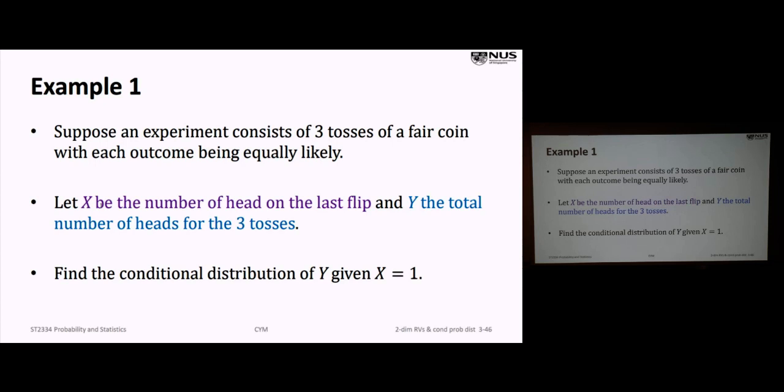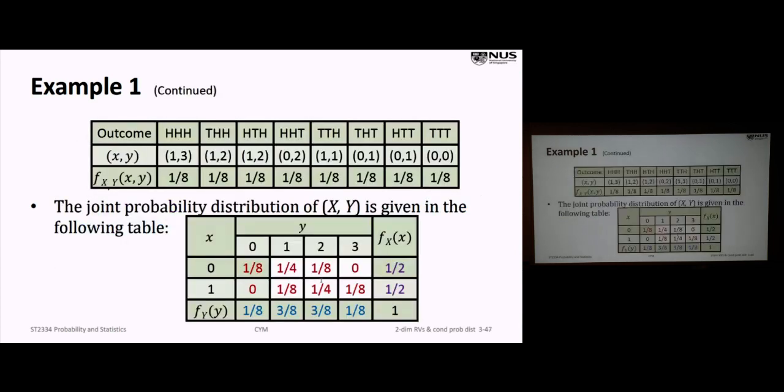I want to find the distribution of Y, the total number of heads in my 3 flips, conditional on knowing that my last flip was a head. This one is a bit more intuitive. So let's have a look.